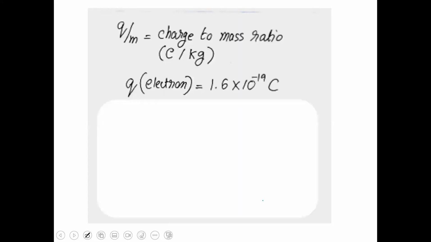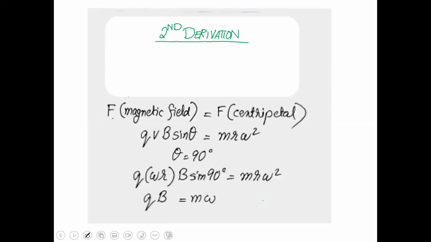Now, if you have copied this, give a heading: second derivation. Look at the diagram again.